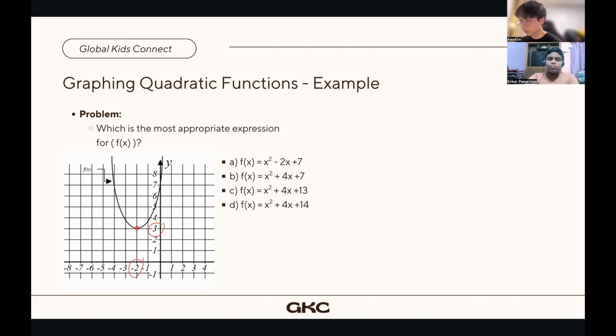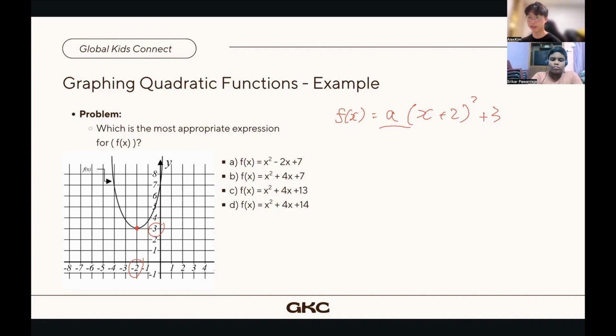So the quadratic function will have some kind of coefficient in front. Because we know the x value for the vertex, we can write it as x plus 2 squared because our vertex was -2, and the y value will be +3 because the y value of the vertex was also +3. The only thing we don't know is the coefficient in front.